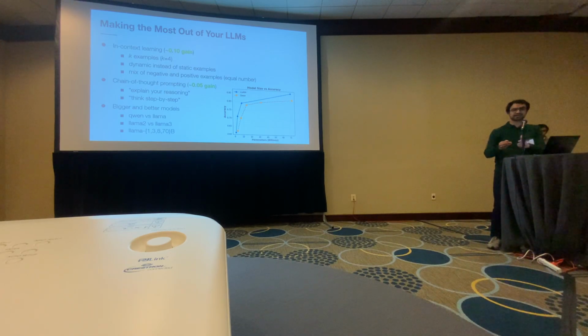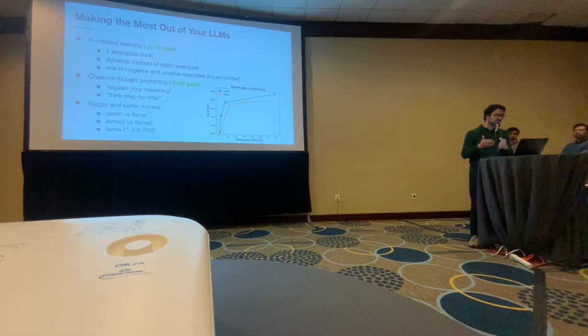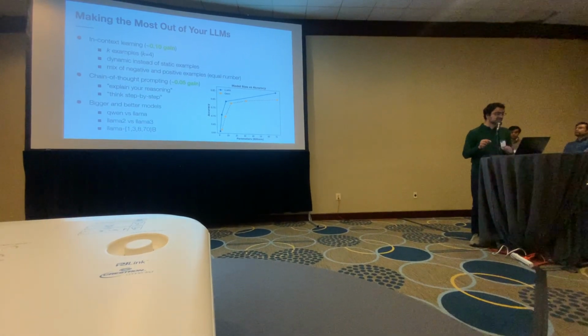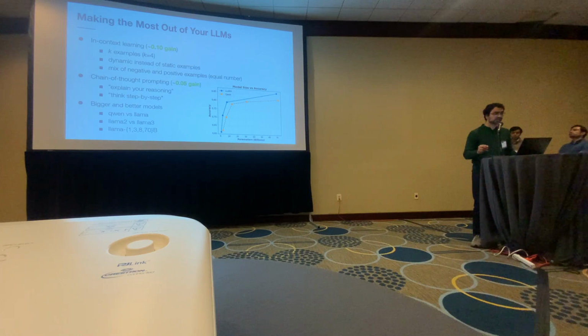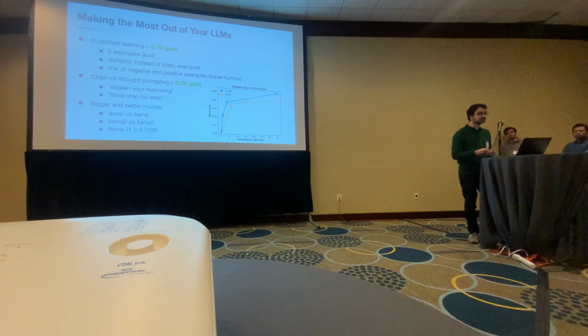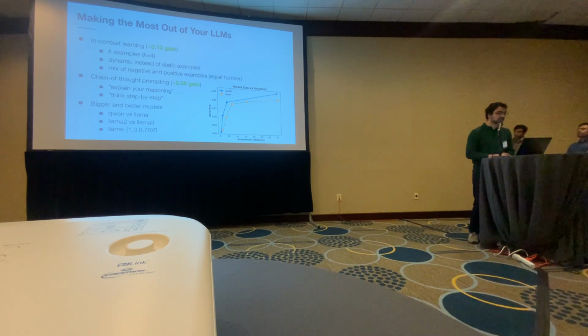We provide some training examples to learn the rules in context, and we test with the number of examples to provide. We could fix some static examples, but since we are not domain experts, we don't know what the best examples are, so we end up dynamically selecting them based on similarity with the current example, or just random ones, as well as giving a good mix of negative and positive examples, and we settle on an equal number.